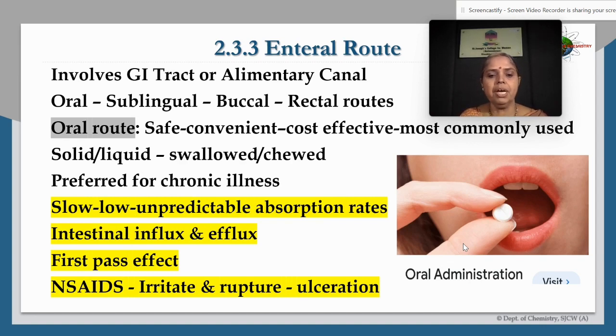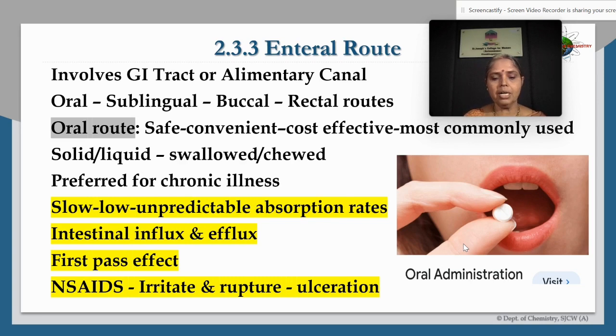And also, as we have already discussed, there will be intestinal influx and efflux. Certain chemicals that are there in the intestine can push the particular drug back into the intestinal canal, which is what is called efflux.